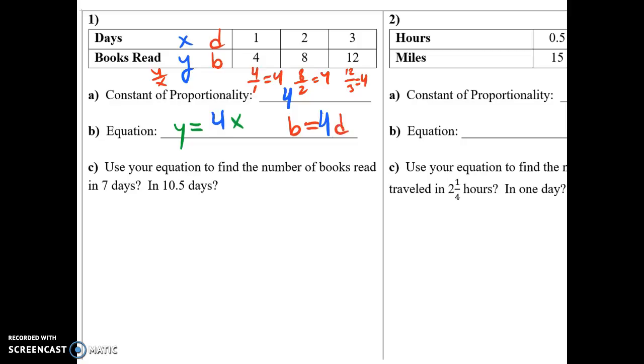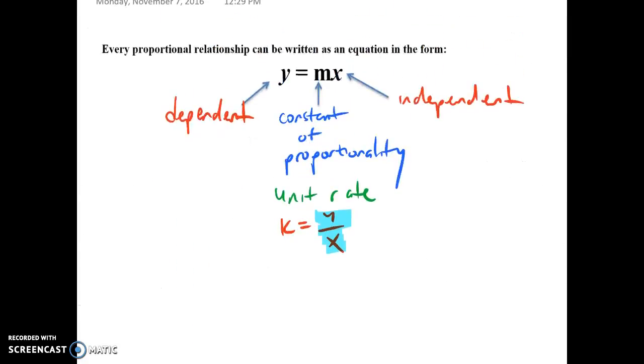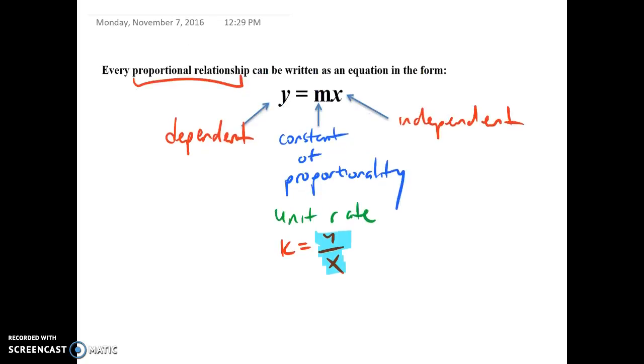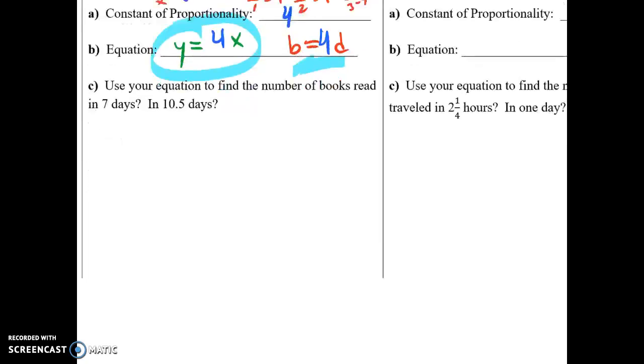That would be a correct equation as well, as long as it fits the description of y equals mx, which is for every proportional relationship. In our case, I'm going to stick with y equals 4x.